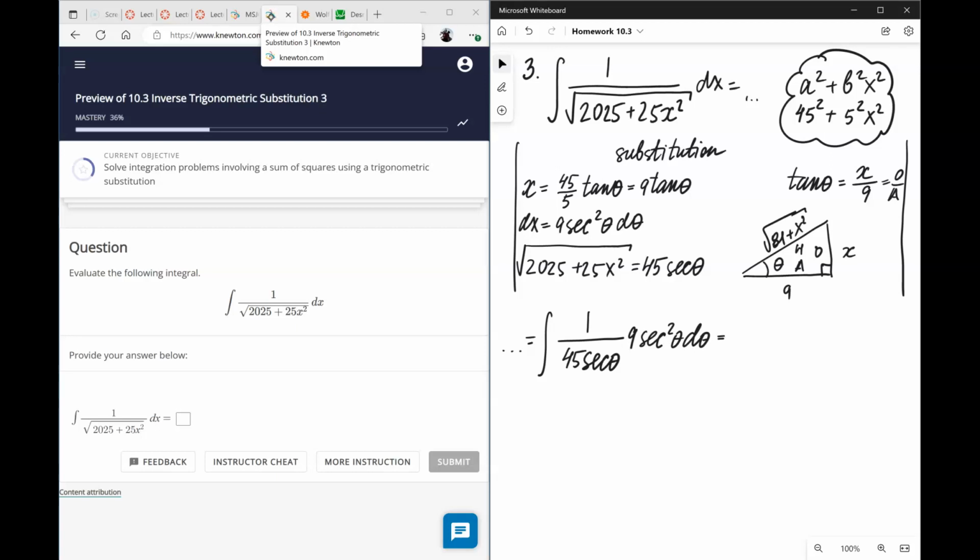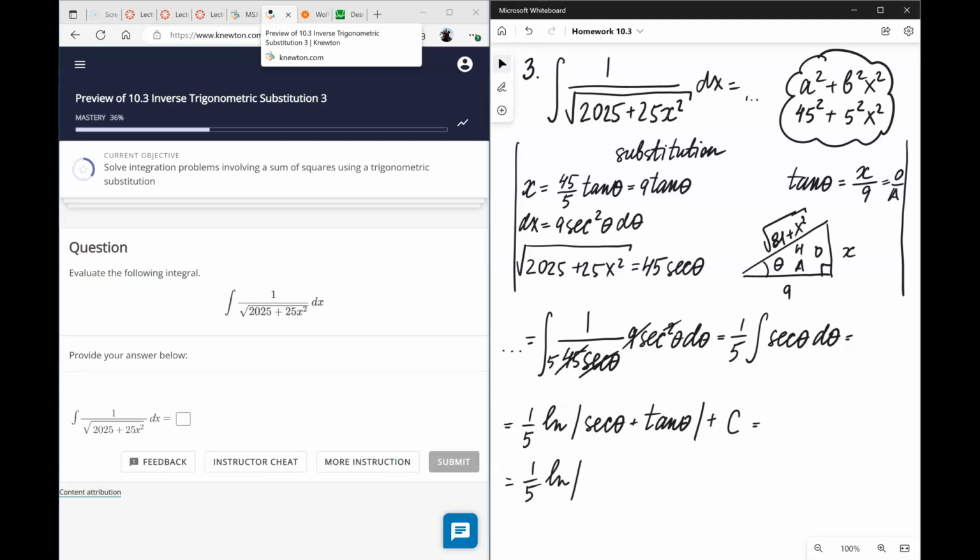And simplifying, we have 1/5 integral of secant theta d theta, which is now 1/5 ln of absolute value of secant theta plus tangent theta plus c.